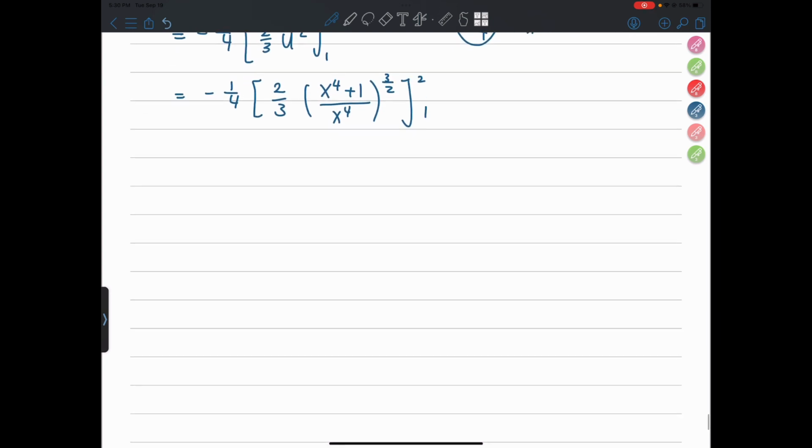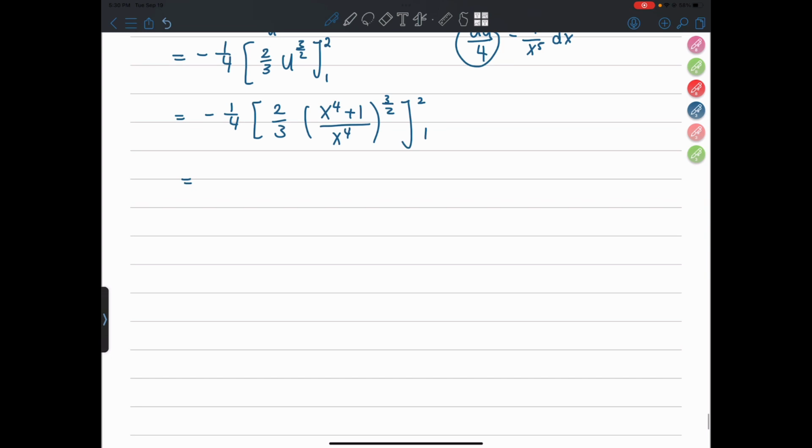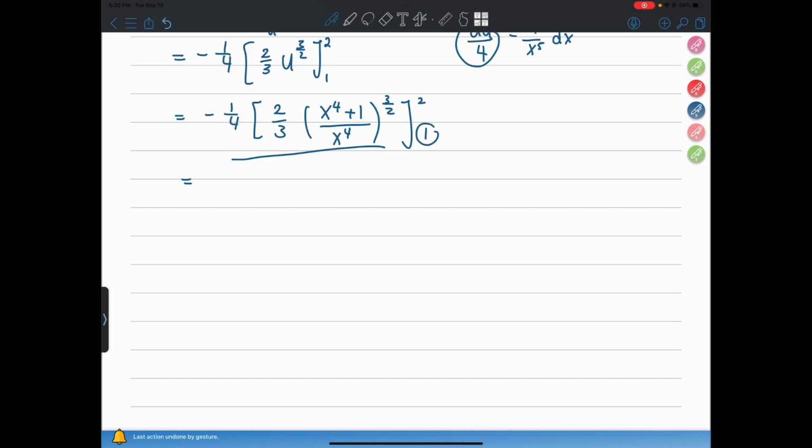And our bounds. So remember when we're doing bounds, we're going to first substitute the top bound into this whole thing, and then we're going to minus this whole thing with 1 substituted in, the lower bound.